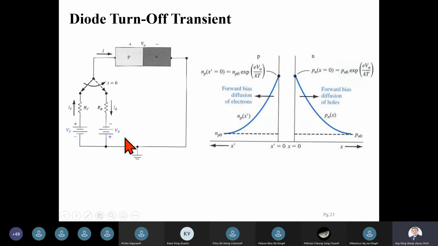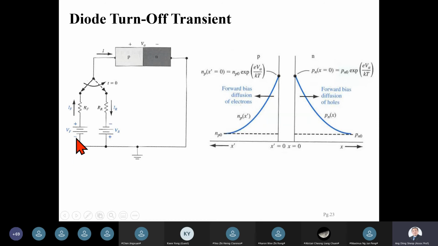To illustrate that, we can use a circuit like this, which is very simple. You have a PN junction here. At first, the PN junction is forward biased. This is a toggle switch, so at first the switch is connecting to this part of the circuit, forward biasing the PN junction like this. Just take note of the polarity of the voltage applied here, so that creates a forward bias.